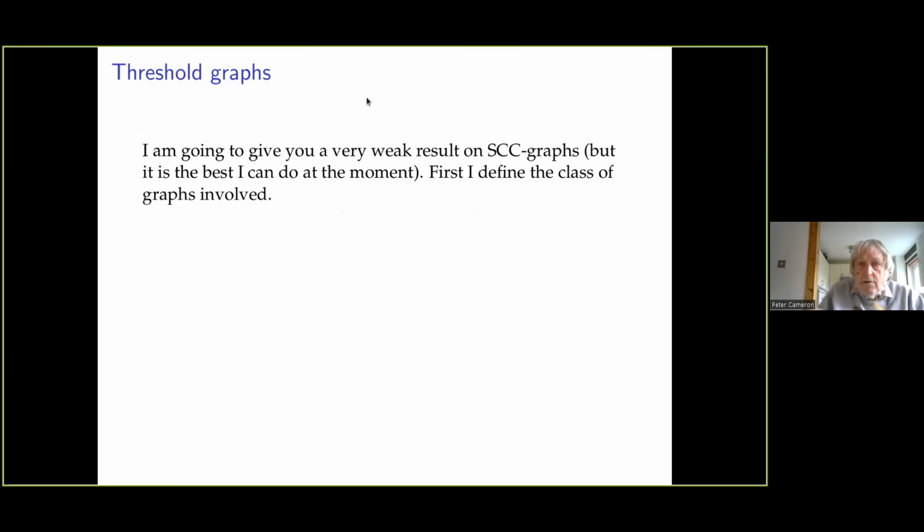So I started wondering, well, we've got these SCC graphs. Are they universal? Is it true that every finite graph can be embedded in the SCC graph of some finite group? I do not know.